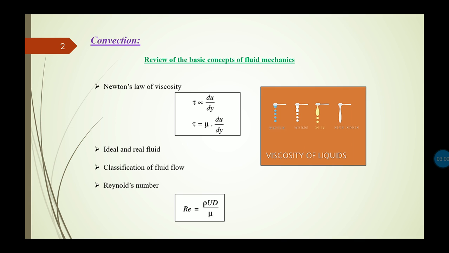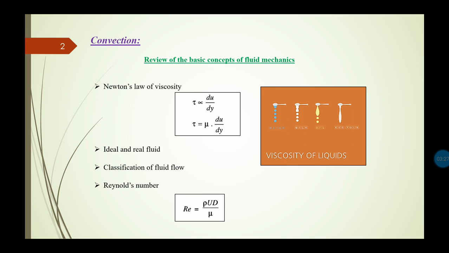Now, how to differentiate between a solid and a fluid, or between a liquid and a gas? These are some basic concepts of fluid mechanics that I am discussing here. How do we differentiate between a solid and a fluid?